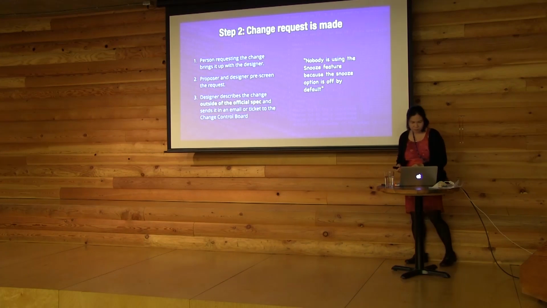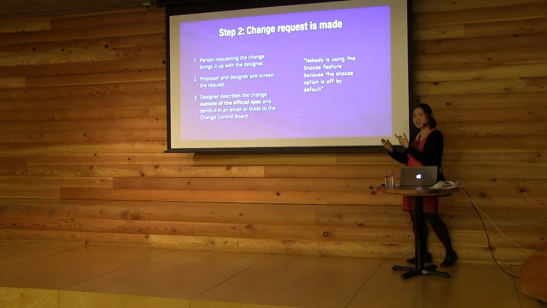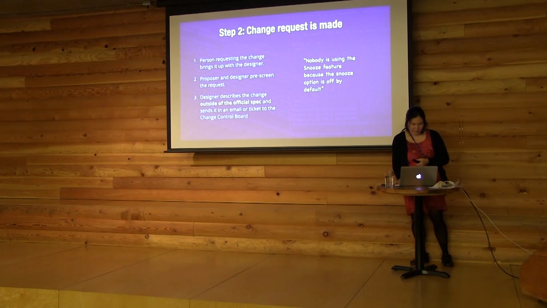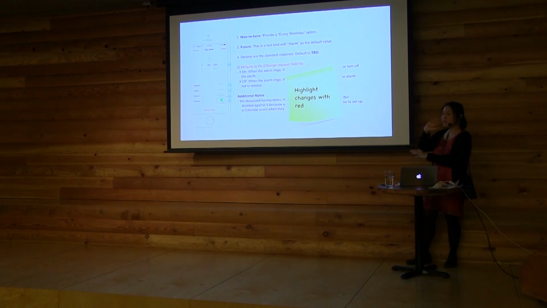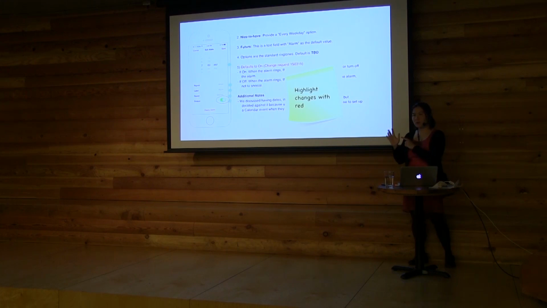So I'm going to describe the change outside of the spec and send it in an email or notice to this designated group, which is sometimes known as a change control board, in a spec or a ticket. In this change request, I'll often make a copy of my design spec and highlight in red, or red with asterisks or red circles or something, what I'm proposing to change. So the people who are reviewing this change can see exactly what I'm proposing will change.